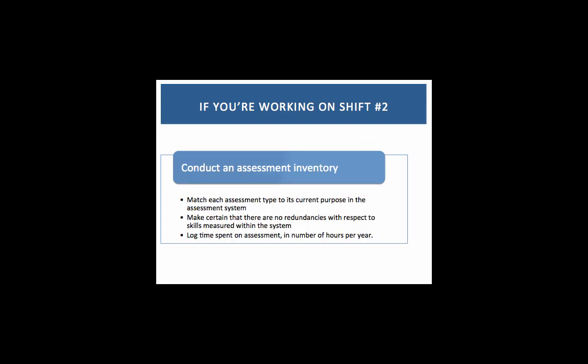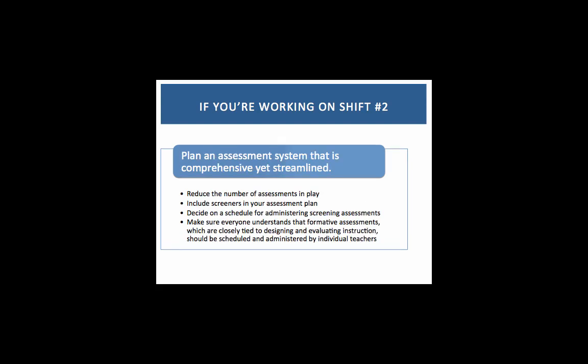The second action that you should take as a leadership team is to conduct an assessment inventory, which involves examining the current assessments given at your school site, to identify how much time is spent and which sub-skills are currently being assessed. A third step that you should take if you're planning on working on Key Shift 2 is to plan an assessment system that is comprehensive and streamlined. We offered a few examples in this webinar, but additional discussion of this topic is provided in our companion text.